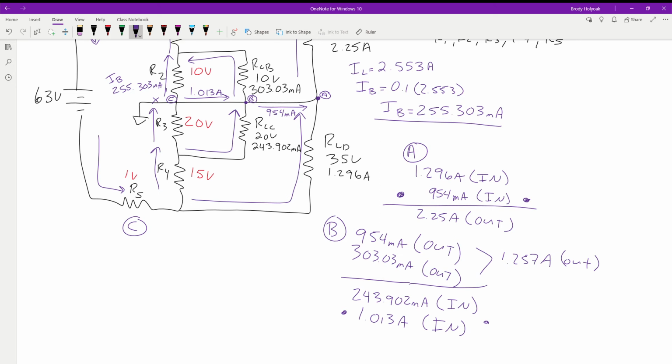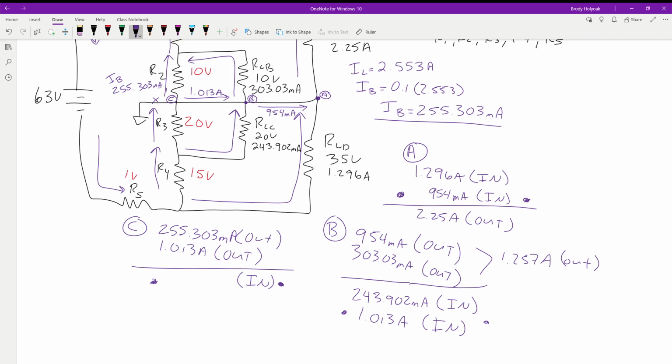We have 255.303 milli going out. We have 1.013 amps also going out. And we have one more connection to match the current going in as what's required to go out.